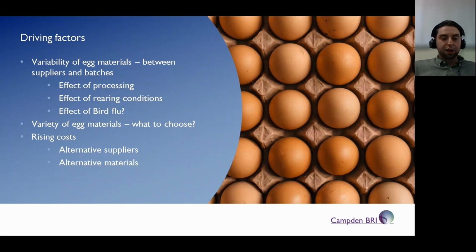So the driving factors. These may be some of the reasons why you're here today. We are finding more and more at Camden that people are coming to us and are worried about the variability of their egg materials. They may be bakers, they may be making other products using egg, and are finding that the variability of batches is inconsistent and the quality is often not what it should be.